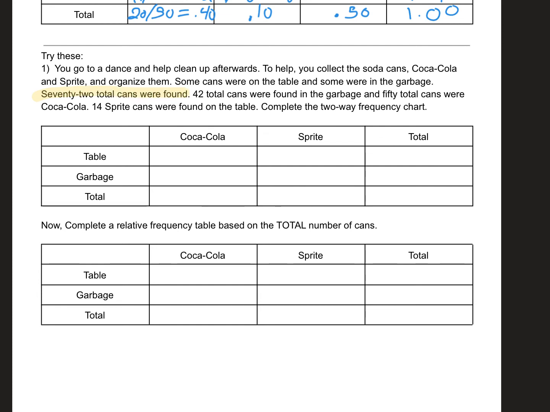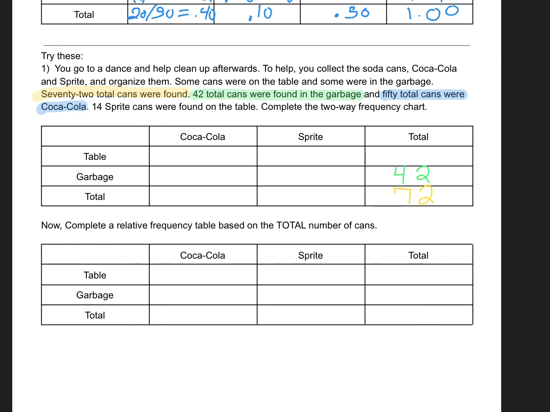I'm just going to put that right here. 72 total cans are found. 42 cans were found in the garbage. So, garbage total was 42. And 50 total cans were Coca-Cola.